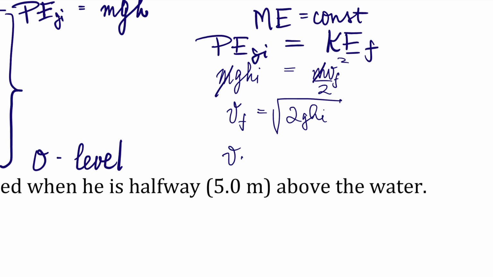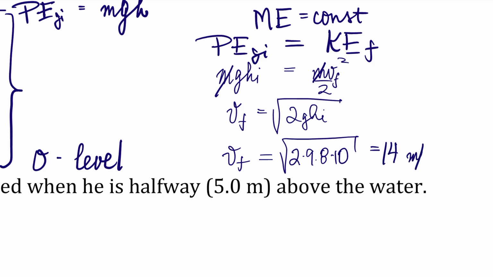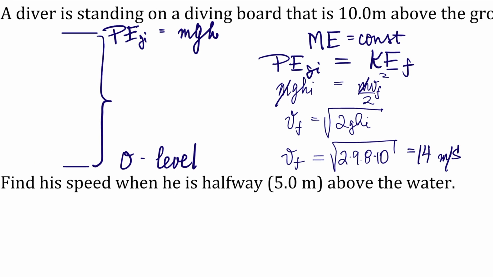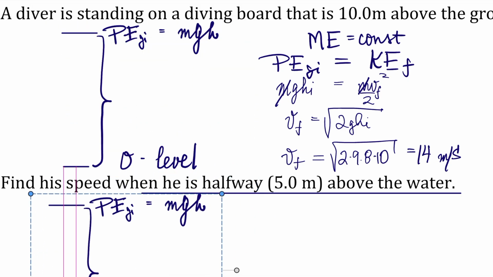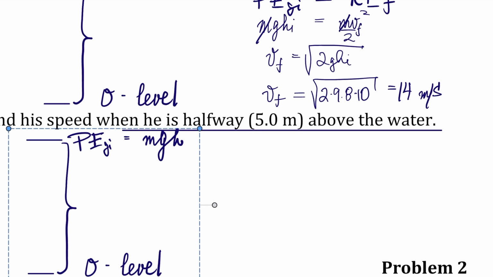So then V final is going to be the root of 2 times 9.8 times 10, 14 meters per second exactly. Now, find the speed when he's halfway, 5 meters above water. So that tells me that he still has potential energy in the end. So we are right here.